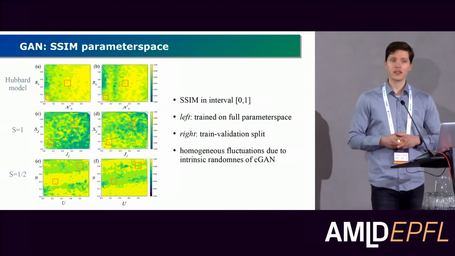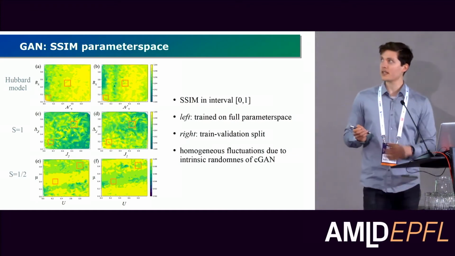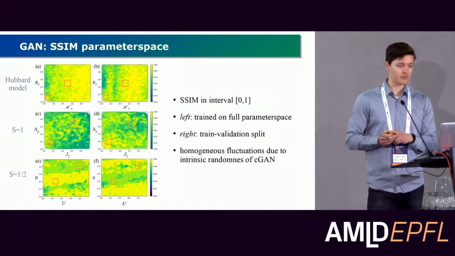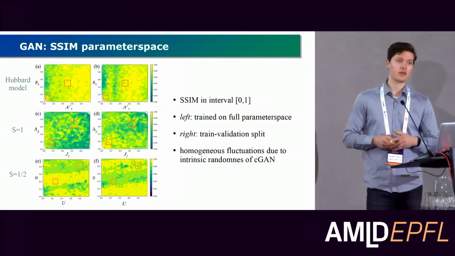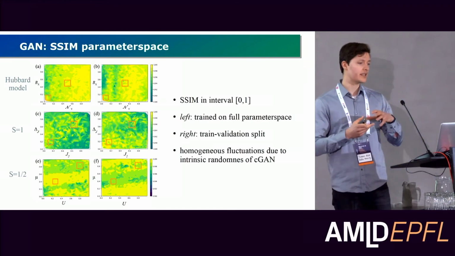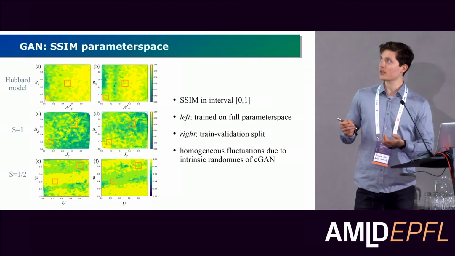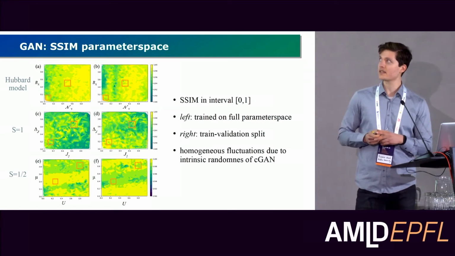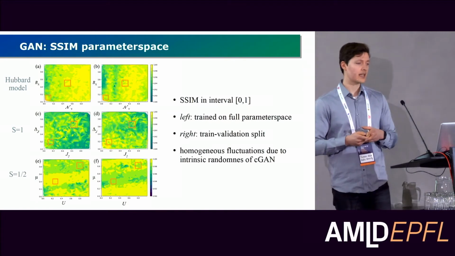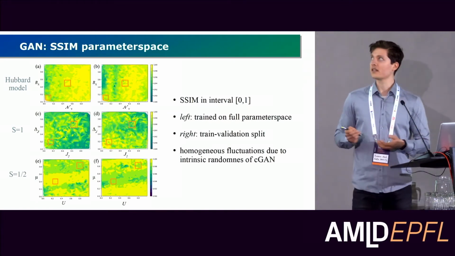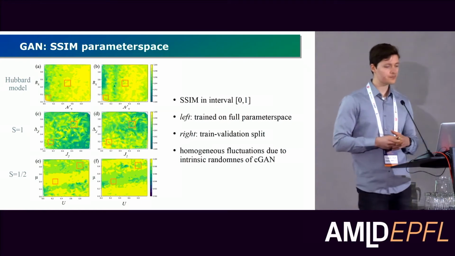What I've shown before is just one specific example. Now I will focus a bit on the whole parameter space for each of the models. On the left-hand side, we trained our GAN on the full parameter space without cutting out a piece. On the right-hand side, we had the train validation split, marked with these orange squares, and tried to infer the area inside these squares, which we cut out.